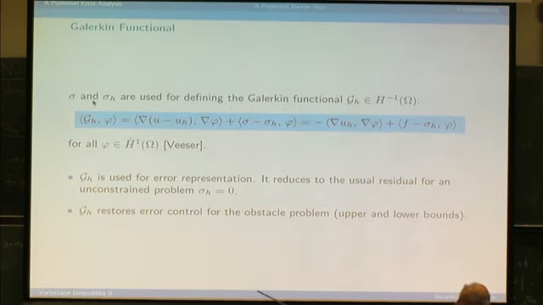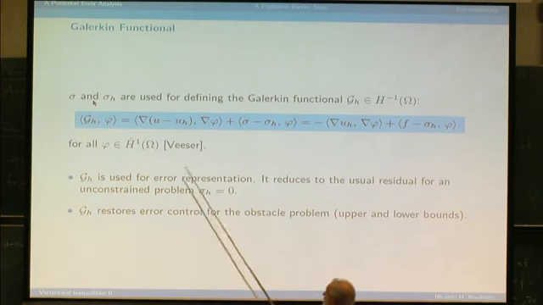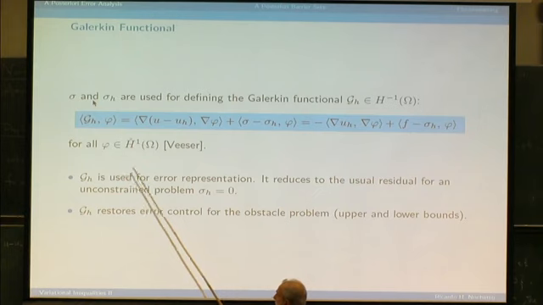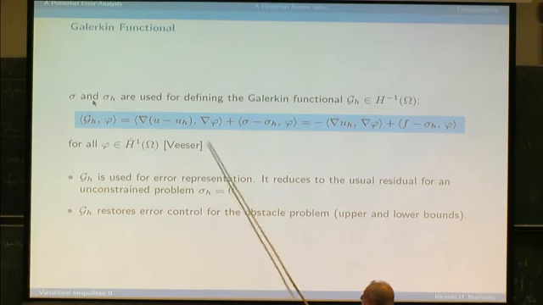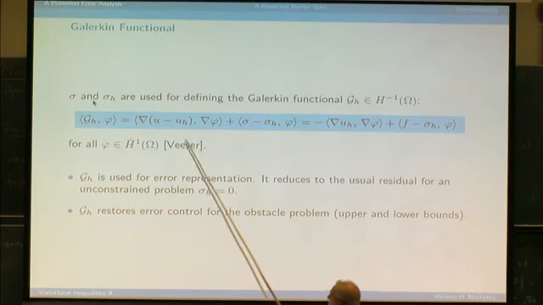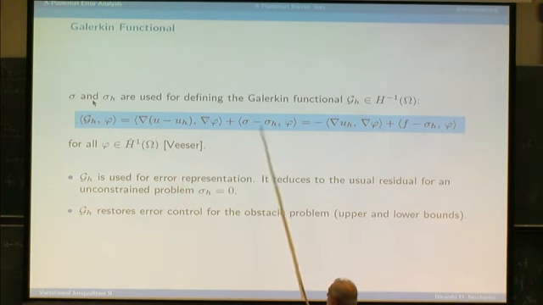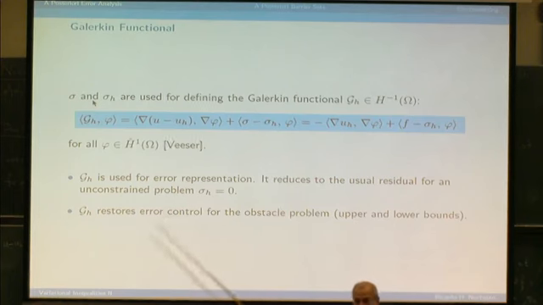In order to connect with the continuous solution, we define what we call the Galerkin functional, an idea that goes back to Andreas Veeser, and it's defined in this way. You see, you have u minus uh, you have the gradient of that, and you have here this multiplier, sigma minus sigma h.